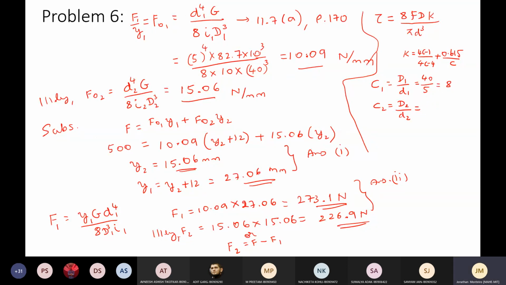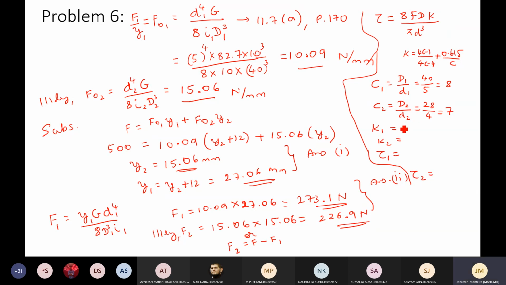And C2 is 28 by 4, so 7. So there are two C values here. You have to calculate two times. So write K1 first, then K2, then find tau 1 and tau 2.